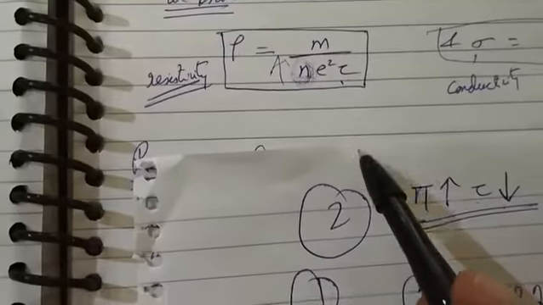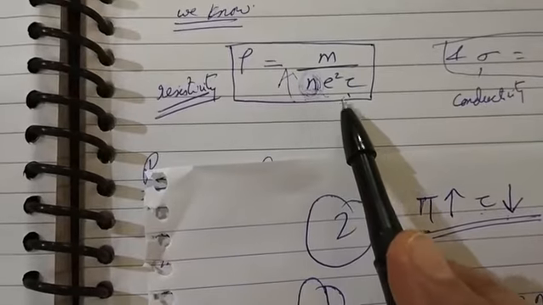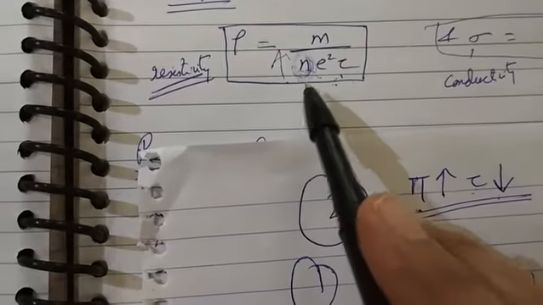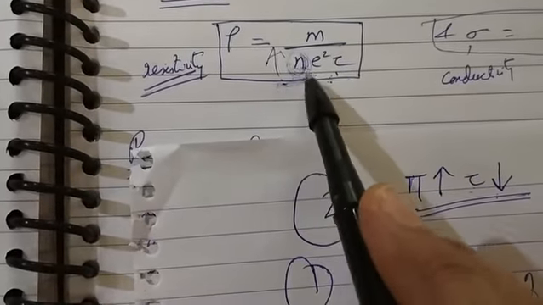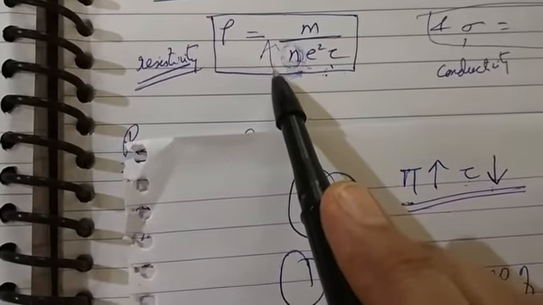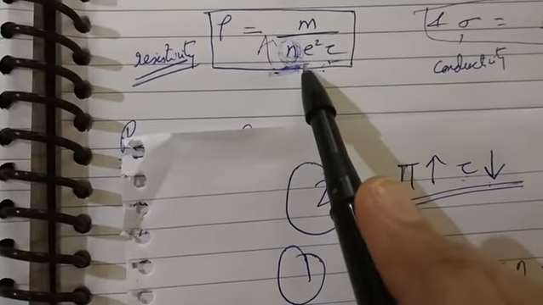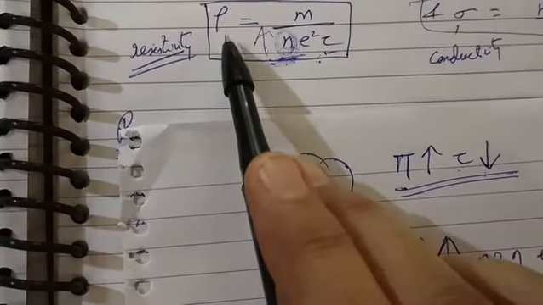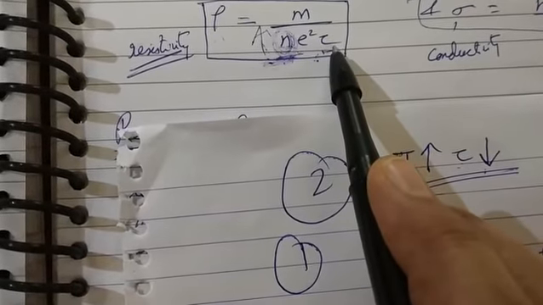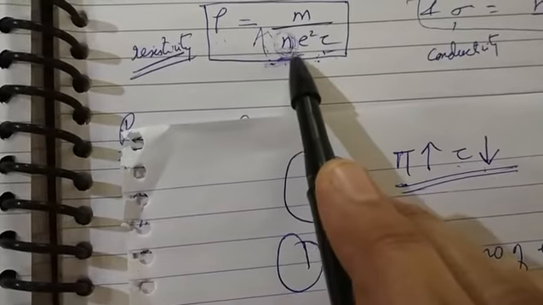So one is decreasing the resistivity, the other is increasing the resistivity. Whichever is greater, that effect will be more prominent. Here the number of electrons increases by a very large amount, so this effect will be more as compared to tau. So there will be a net decrease in the resistivity, because the effect of n is greater.